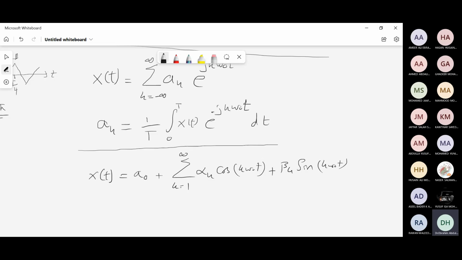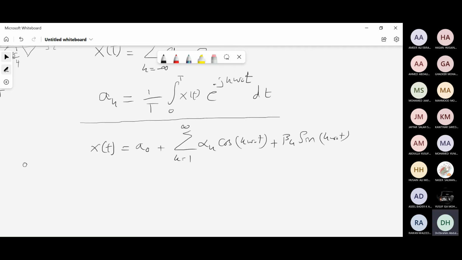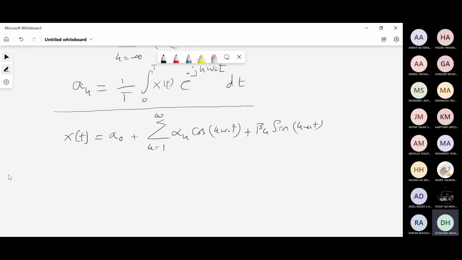Here we need to find omega naught the same way, which is equal to 2 pi divided by T. We need to find a naught, and a naught is just when k is equal to 0.